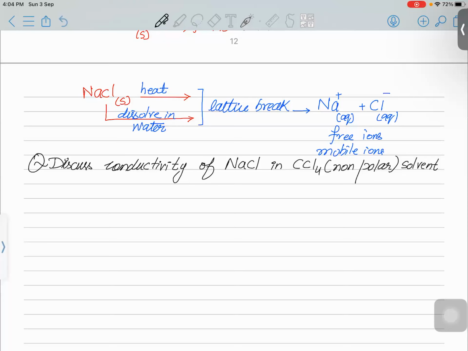No, non-polar means there are no charges. Can you discuss conductivity? Sir, I guess it won't be able to conduct. Yes, but why? Because it dissolves in water.